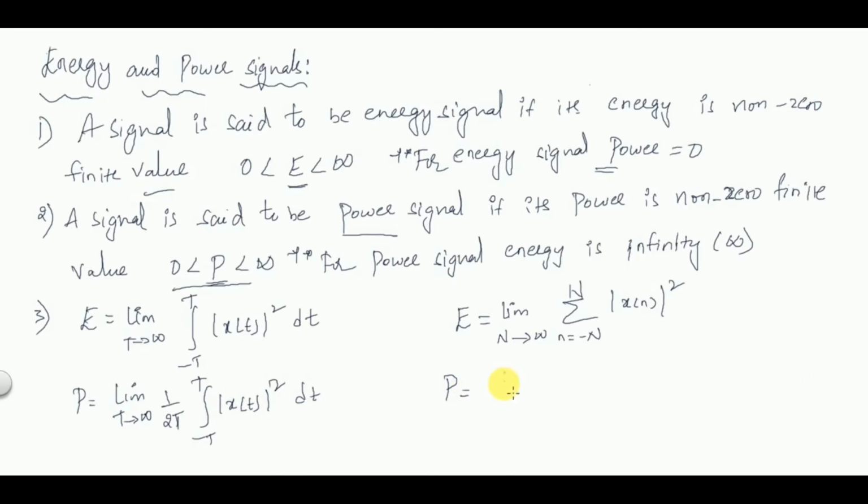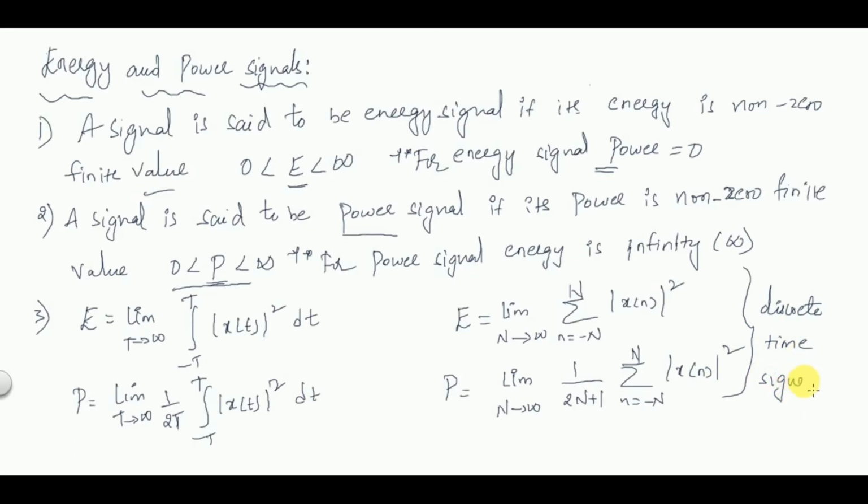And similarly in the discrete time case, limit as N tends to infinity, 1 by 2N plus 1, summation n equal to minus N to N, mod x of n whole square. Okay, so these two are the formulas for energy and power in the case of discrete time signals, and the earlier ones are the formulas to find energy and power in the case of continuous time signals.